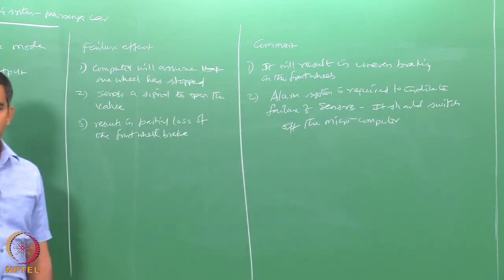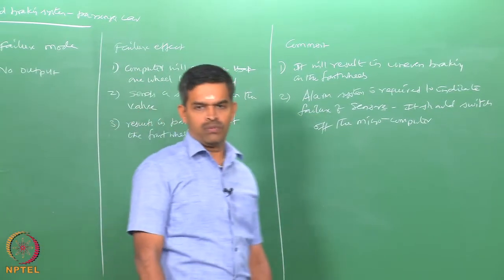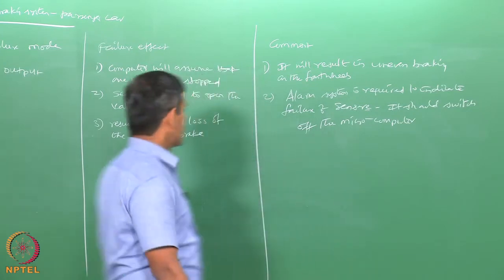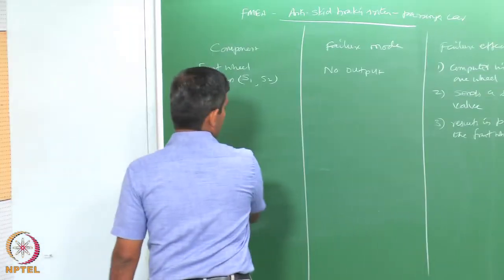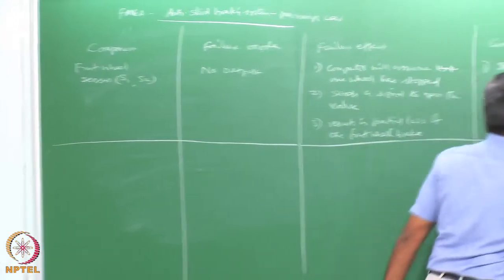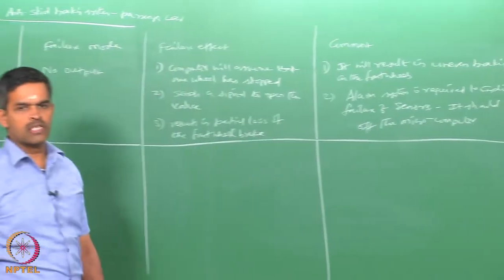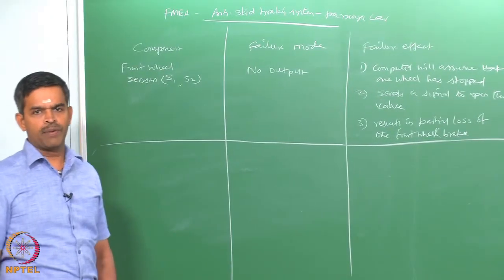On the other hand, the vehicle should now get shifted to the manual mode. So, that can be one of the analyses for a component where sensors S1 and S2 on the front wheel fail to operate.